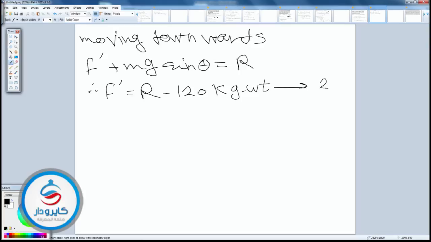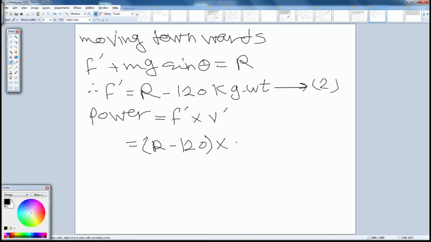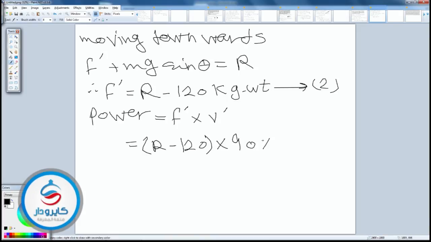This is number 2. Power equals F dash by V dash equals R minus 120 by 90 by 5 over 18 kilogram dot weight dot meter per second.